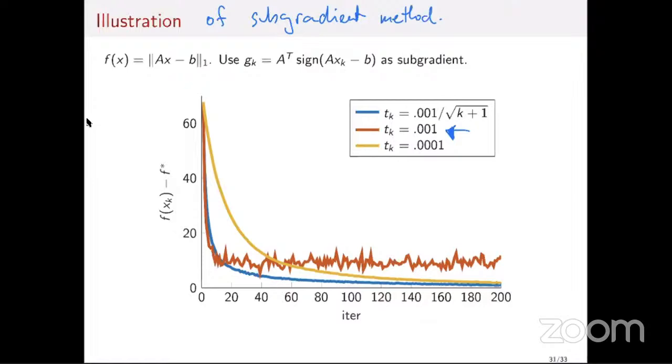But then the analysis of the gradient method relied on this L-smoothness condition, and that the gradient itself is L-Lipschitz and so on. So the subgradient method just reduces to the gradient method in the case of a smooth function. Does this answer the question? Yes.